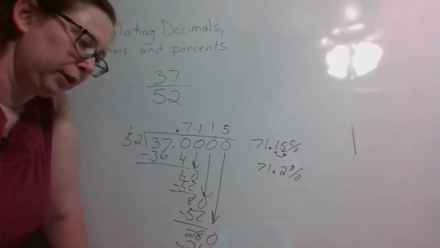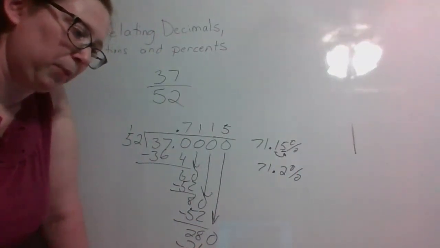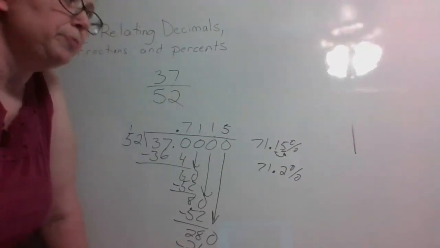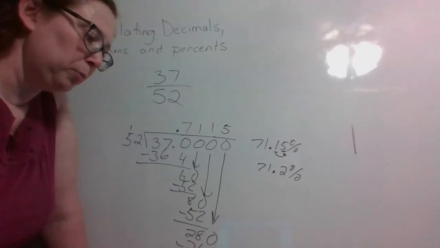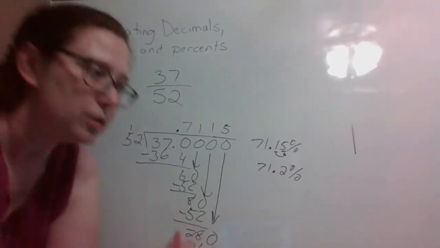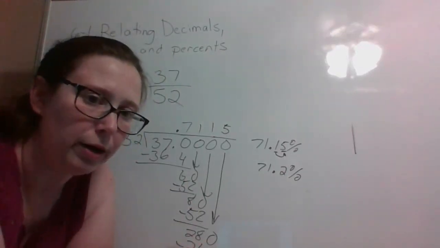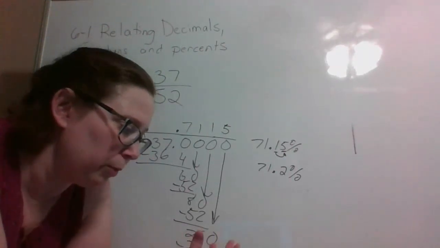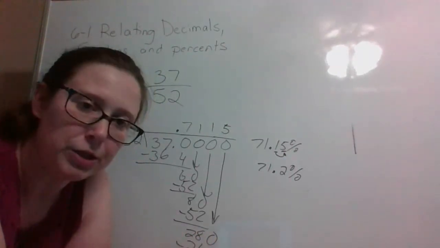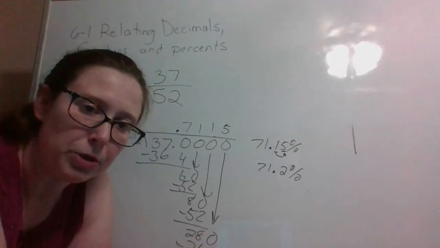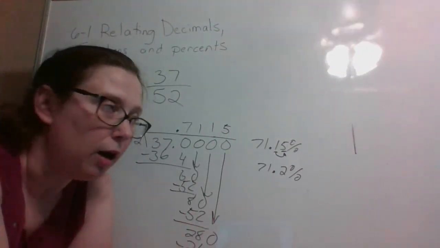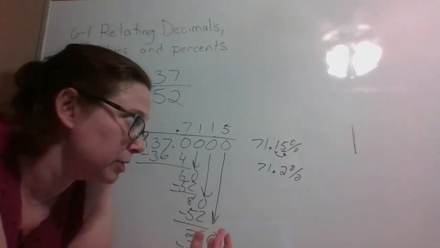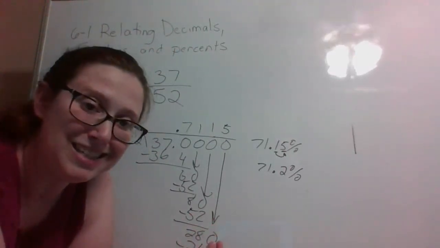The only other thing in this section is comparing and ordering decimals, percents, and fractions. What I'm going to tell you, as we did earlier when we were ordering with decimals and fractions, you have to get all of your numbers in the same form. So you can get into whatever form you want. Typically, I would say that decimal is the easiest.